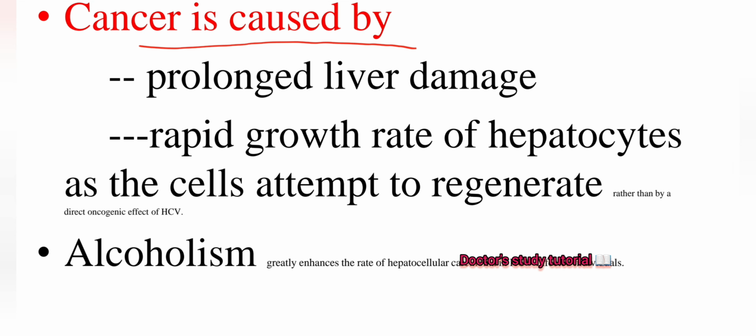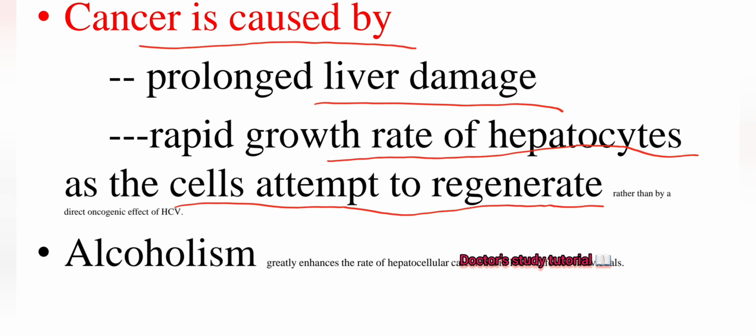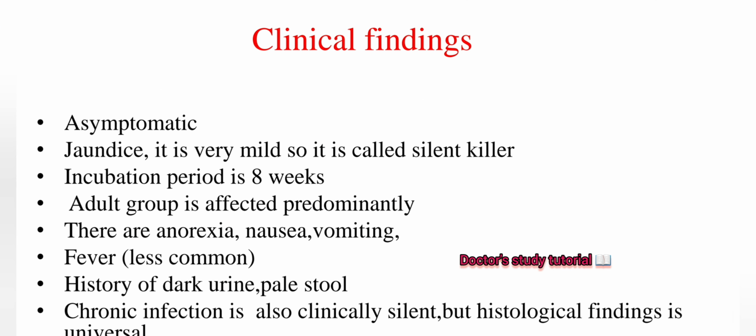Cancer is caused by prolonged liver damage and rapid growth rate of hepatocytes as the cells attempt to regenerate, rather than by a direct oncogenic effect of hepatitis C virus. Alcoholism greatly enhances the rate of hepatocellular carcinoma in hepatitis C virus infected individuals.